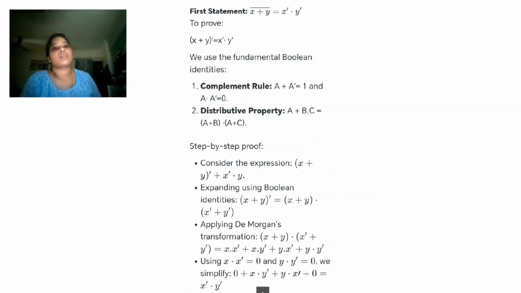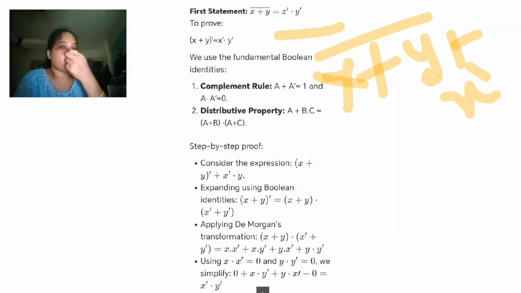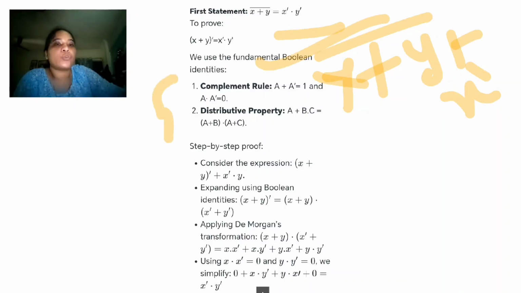Next, they have given some examples. Here you can see our expression is x plus y whole bar equal to x dash dot y dash. How are we going to prove whether this statement is true or wrong? Here you can see the fundamental Boolean laws. I'm going to apply two rules.